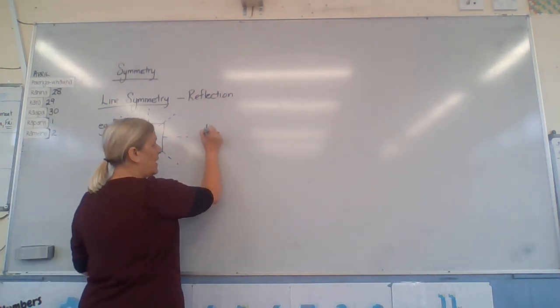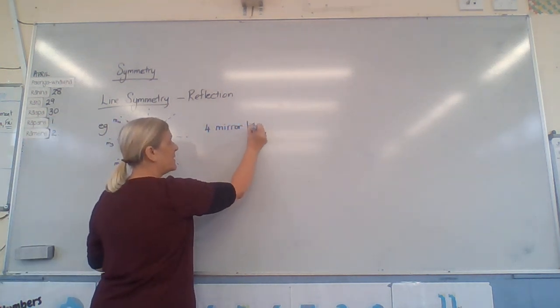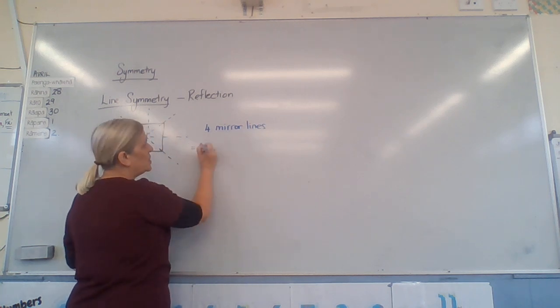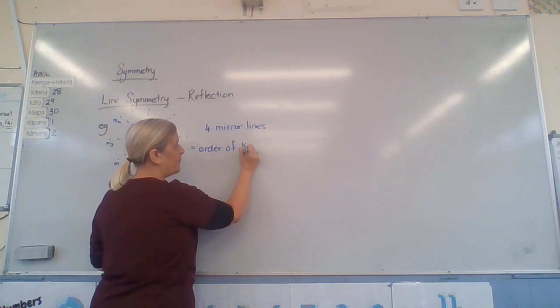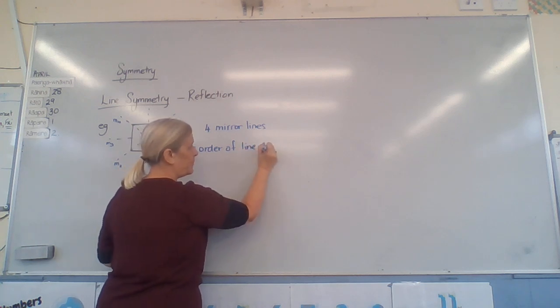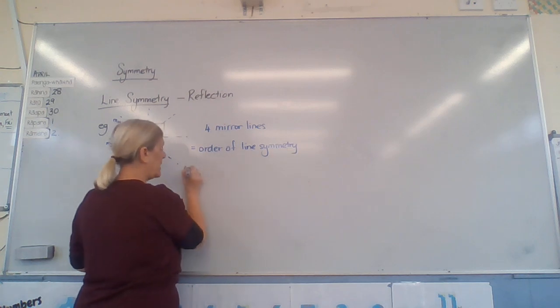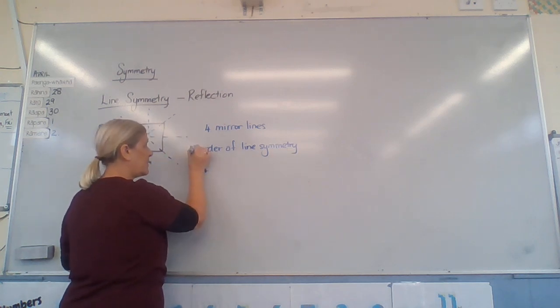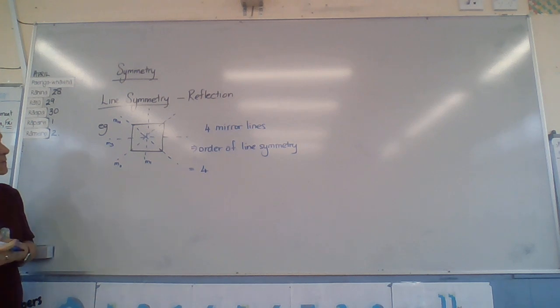So 4 mirror lines equates to an order of line symmetry equals 4. So 4 mirror lines implies that the order of line symmetry equals 4.